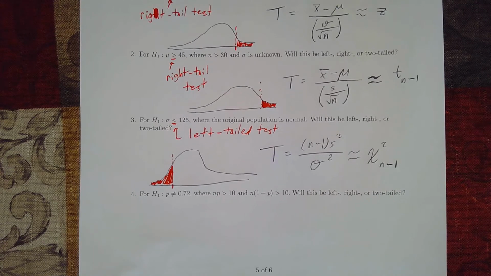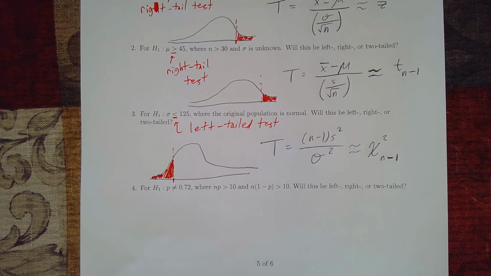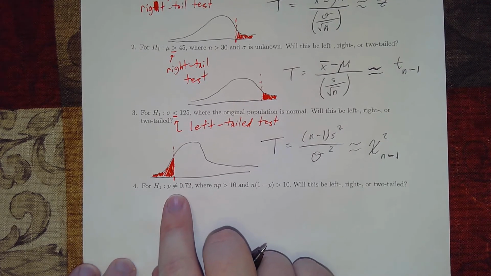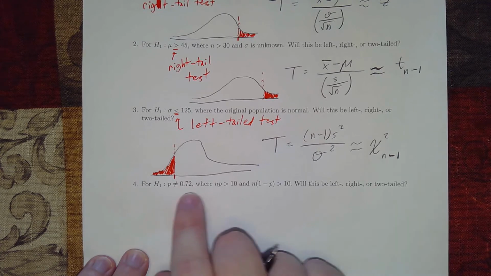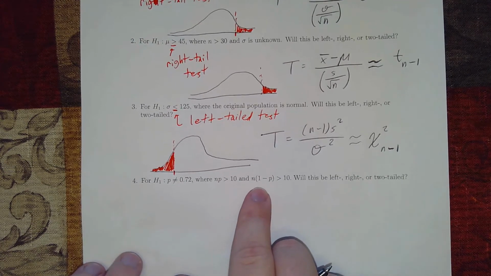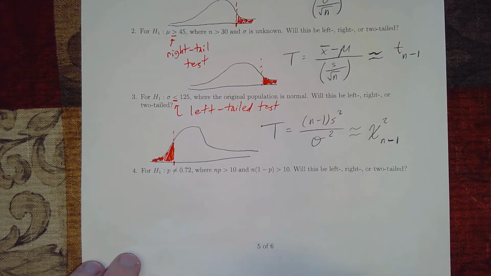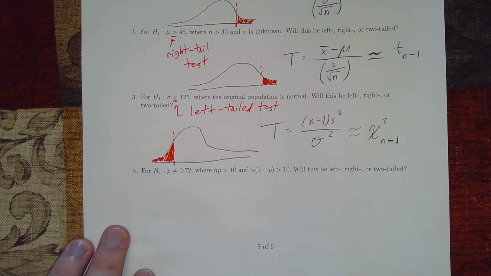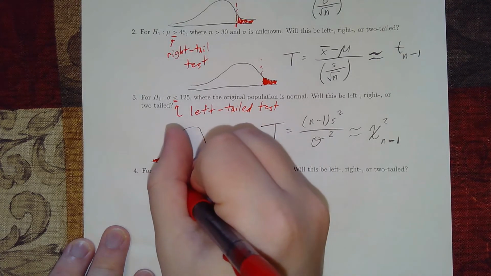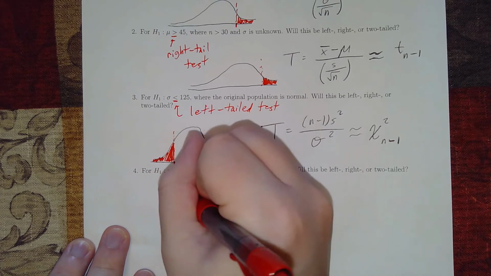And last but not least, for these examples, if we wanted to look at our population proportion being not equal to 0.72, where we have enough information in both categories to be able to do our statistics, we want to know what type of tailing this will be and what type of statistic we should use for our test statistic. So this not equals to tells us we have a two-tailed test.